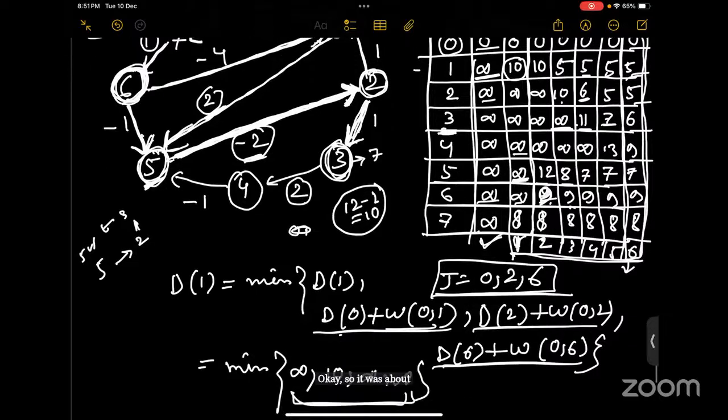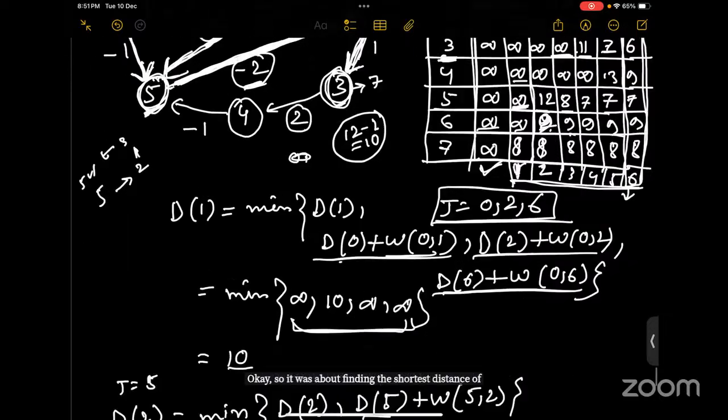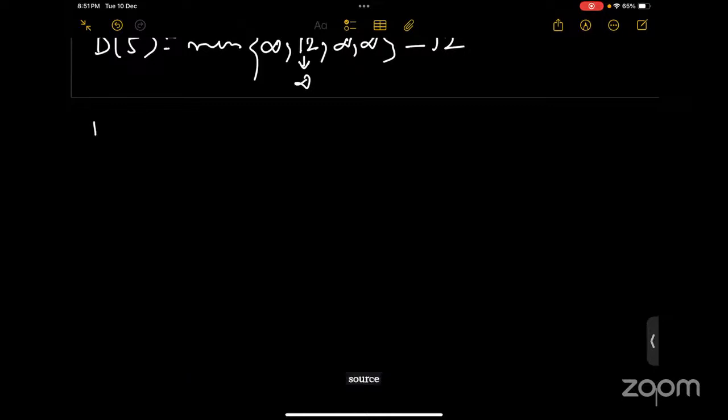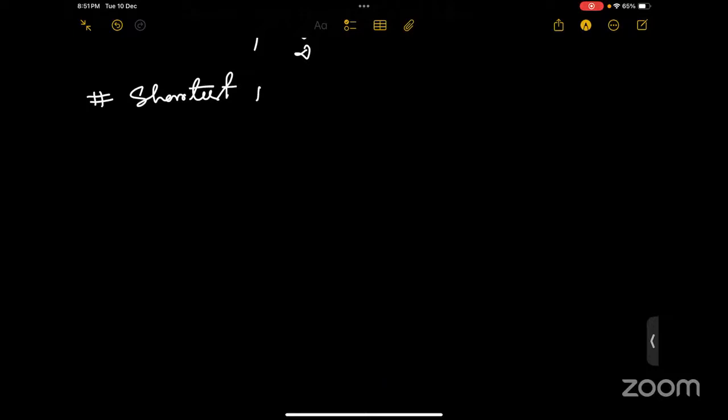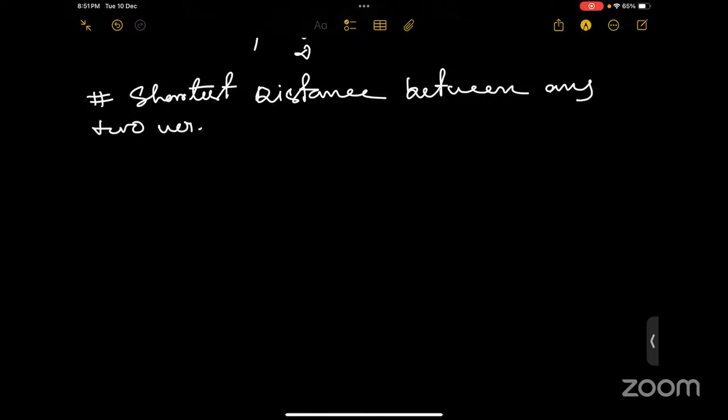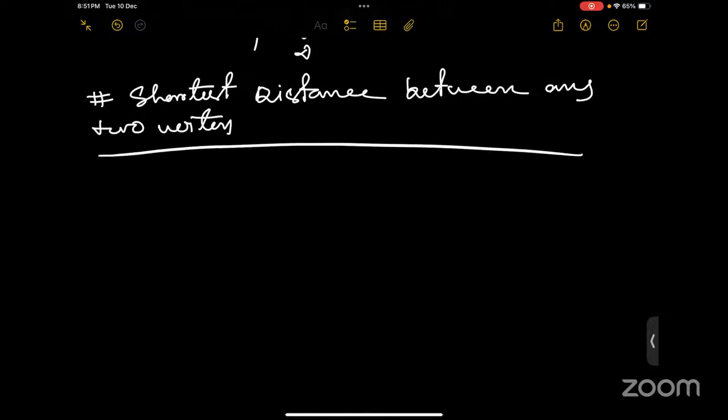Okay, so it was about finding the shortest distance of any vertex from a fixed source, right? Now we will consider the shortest distance between any two vertices.